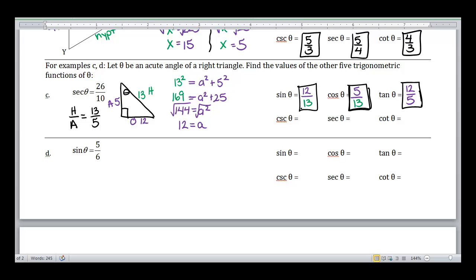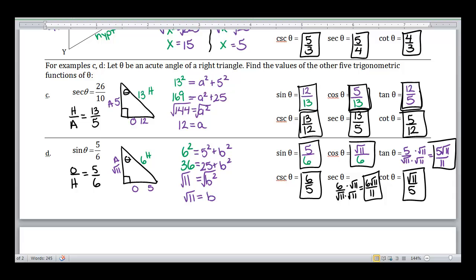Notice, because I used the reduced side lengths, I don't have to simplify any of my fractions. Now for the reciprocals, we have 13 over 12 for cosecant. Secant they gave me, but again I might as well write it out simplified, 13 over 5. And cotangent will be 5 over 12. Please now pause the video and do example D.